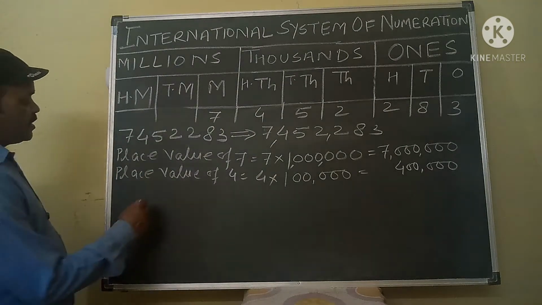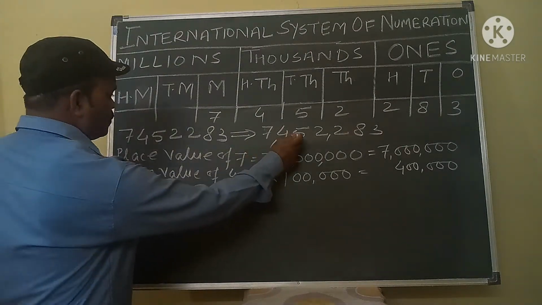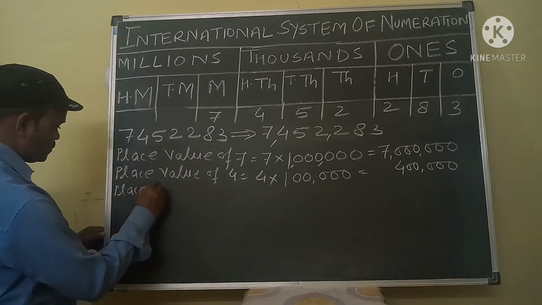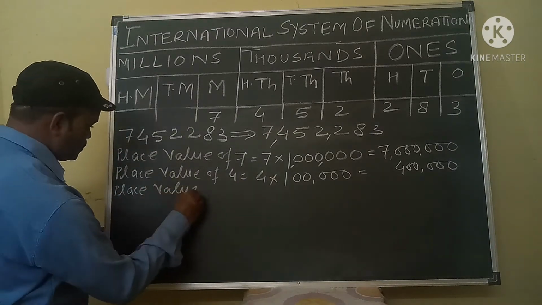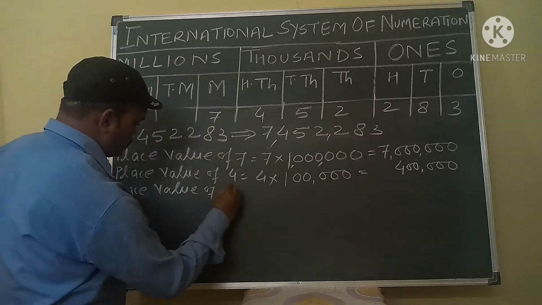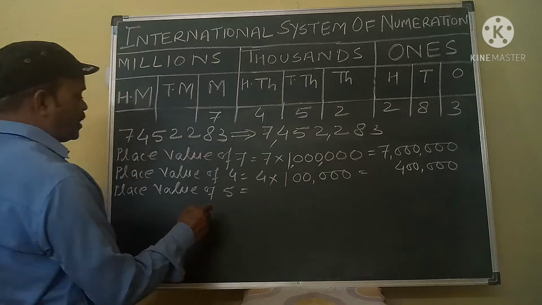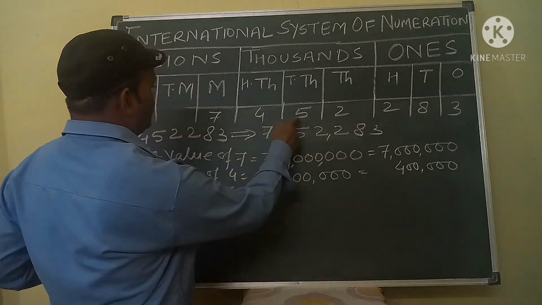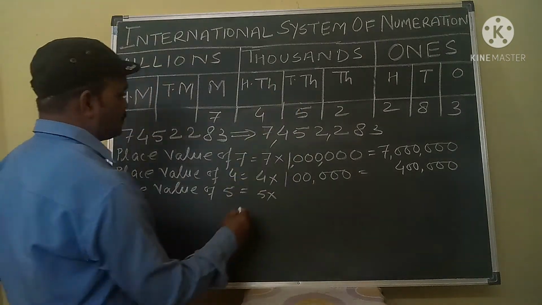Then after we will take out the place value of 5. Place value of 5 will be 5 into, 5 is in 10,000 place.